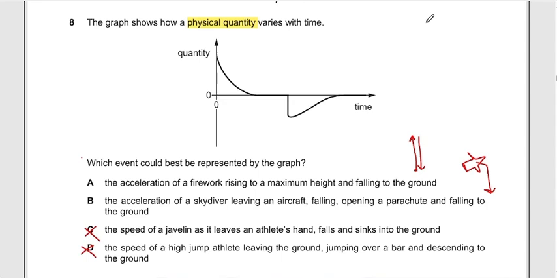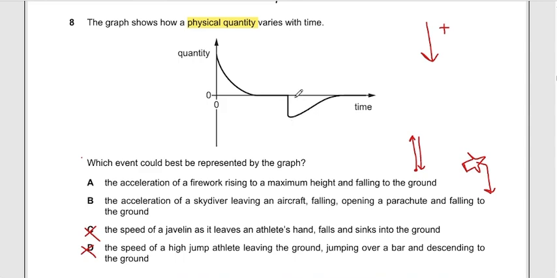When we assume that something is coming down, we assume it is positive, and when something is going up, we assume it's going in a negative direction.